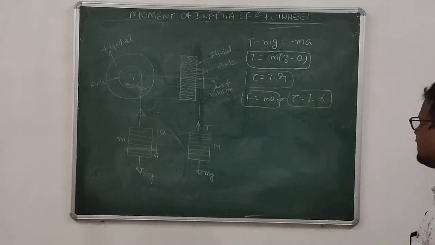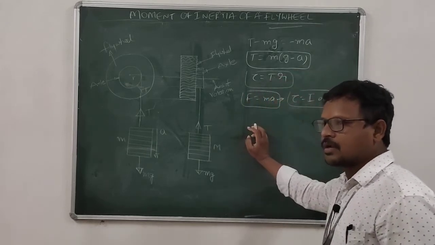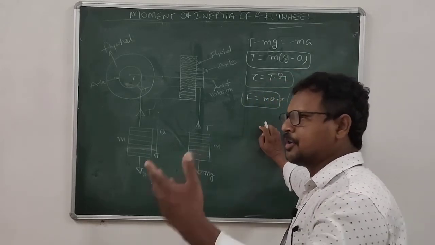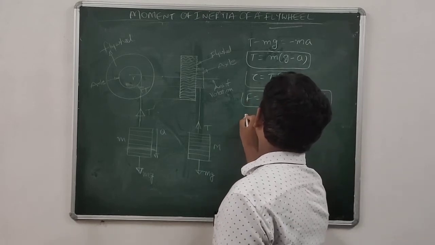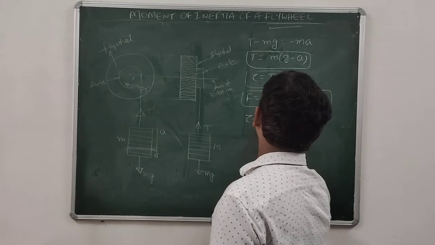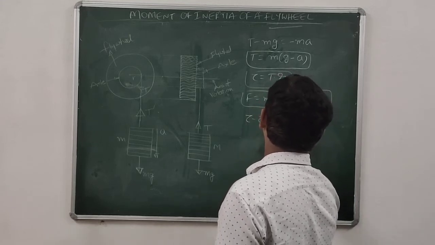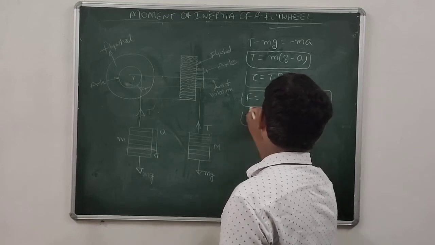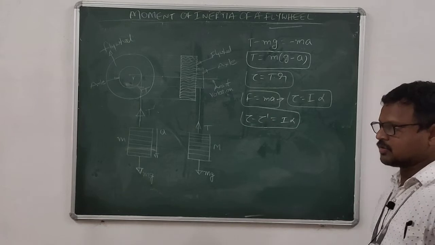If we consider the torque due to friction, the equation becomes tau minus tau dash equal to I alpha. This is the net torque, where we subtract the torque due to friction.